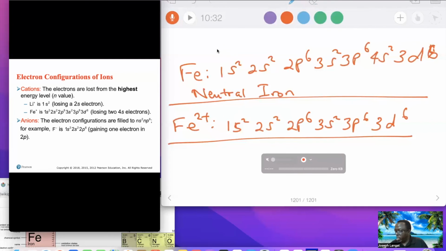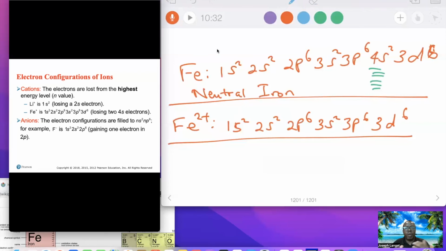You remove the highest n value electrons first, and then you go to the subsequent ones. You don't remove the outermost one, the d. No. That's how ions are generated.